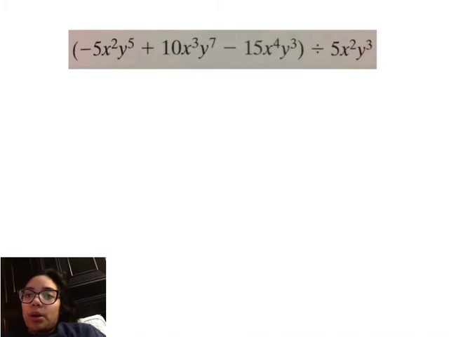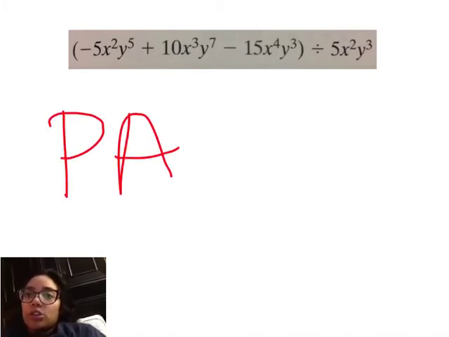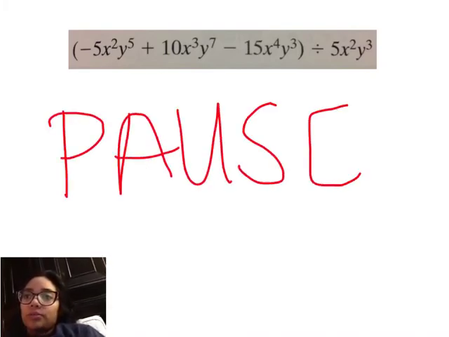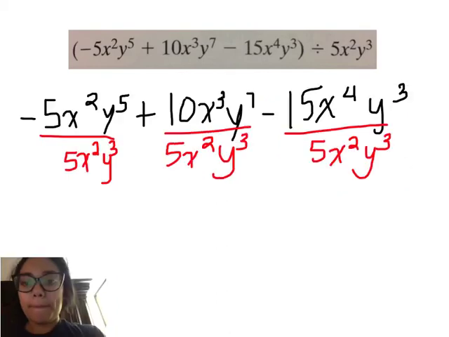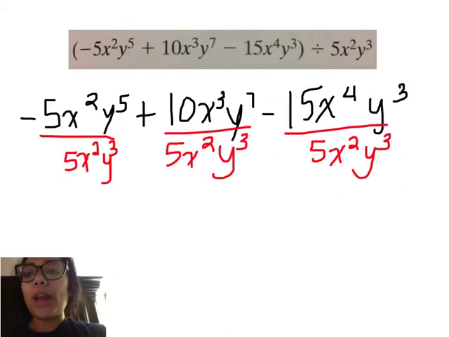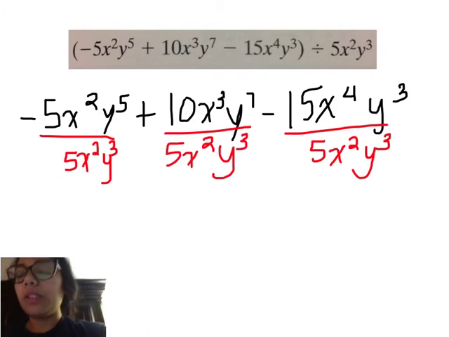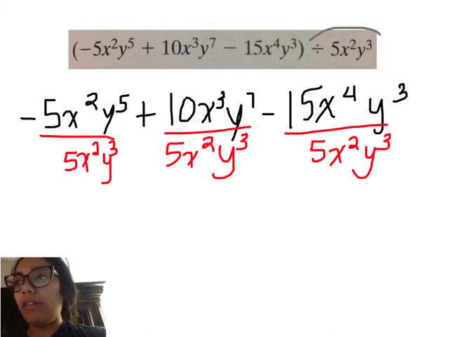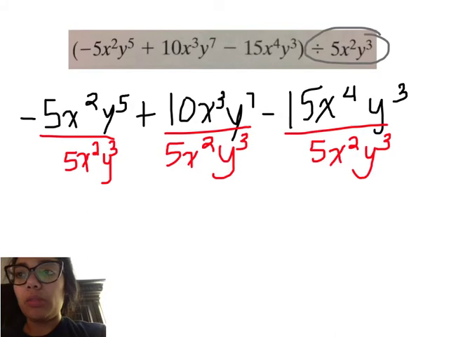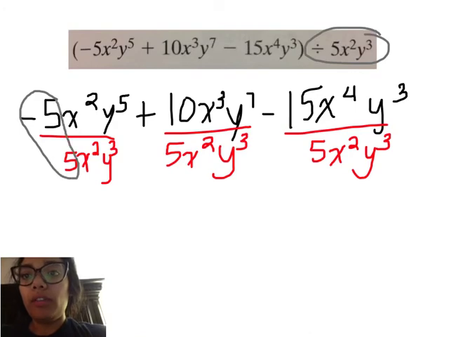I want you to pause this video and try this one on your own. The first step you should have done was split it up so that each term is divided by 5x squared y cubed. So the first thing I need to do is negative 5 divided by 5, which is negative 1.